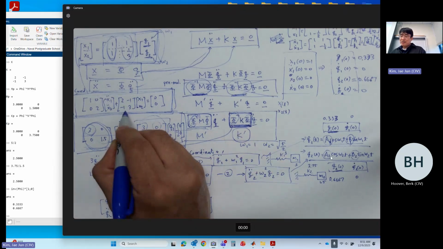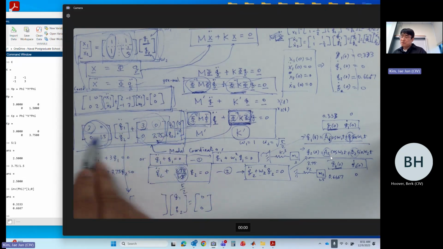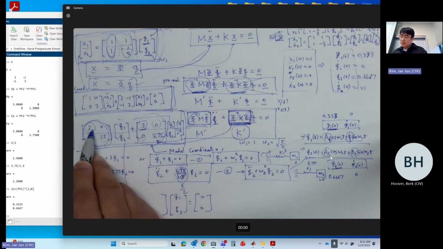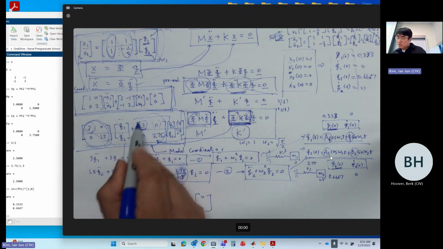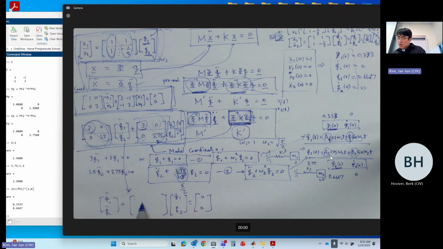And normally you cannot divide a matrix, right? Because the equation of motion written in modal coordinates is a diagonal matrix. M is diagonal, K is diagonal. So this diagonal element will be omega 1, omega 2 squared, right? So the diagonal element will be the natural frequency squared.